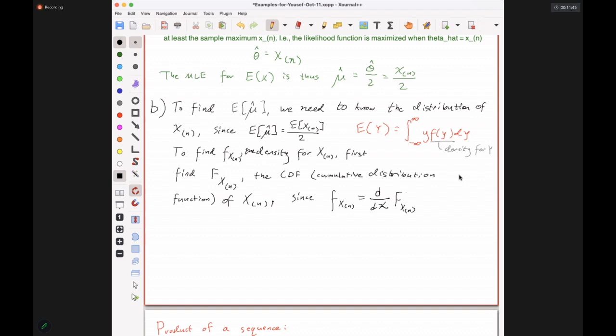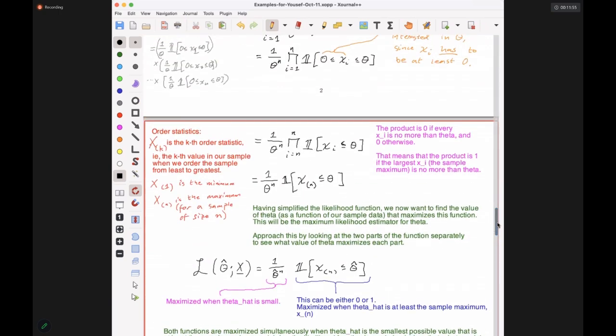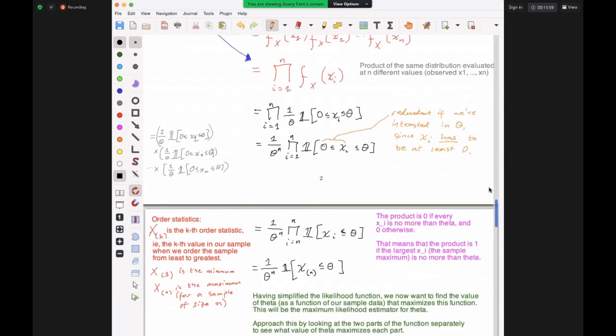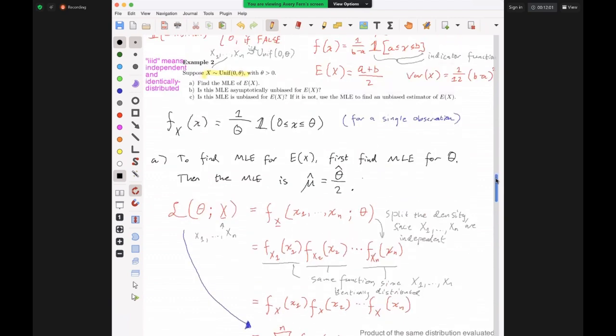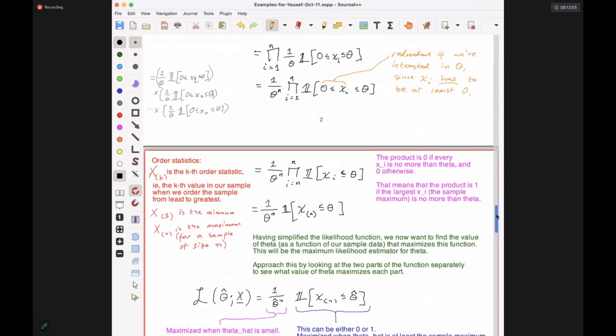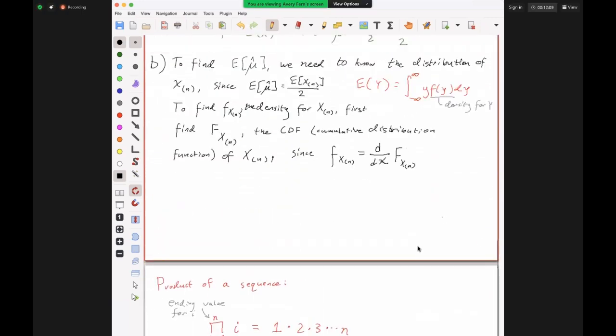Okay. So let me, I should rearrange these.